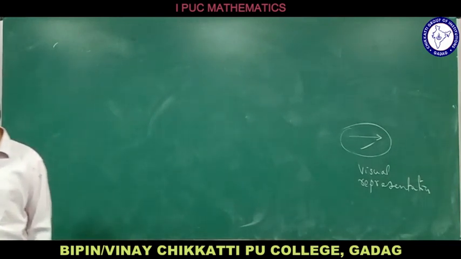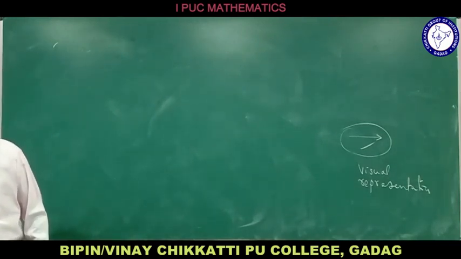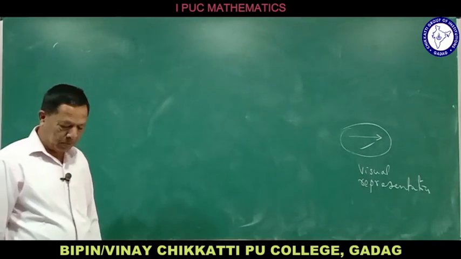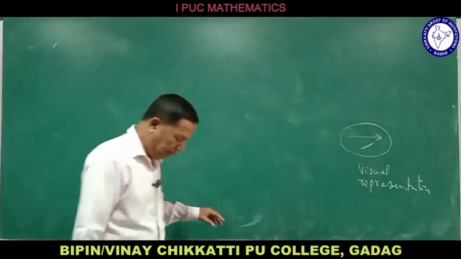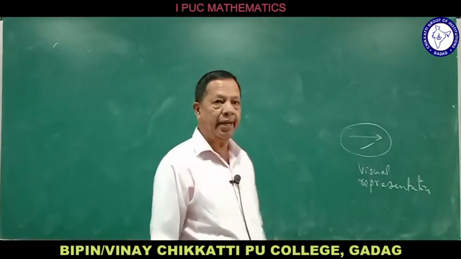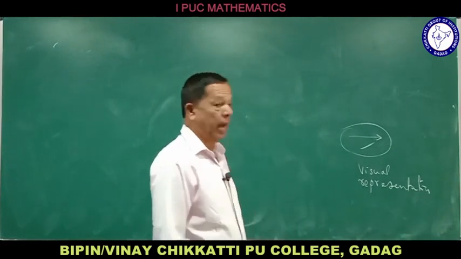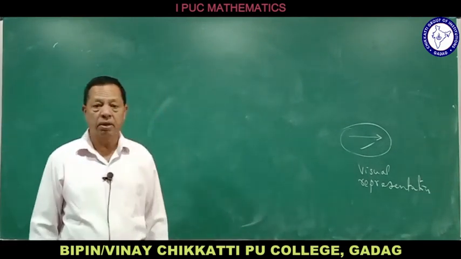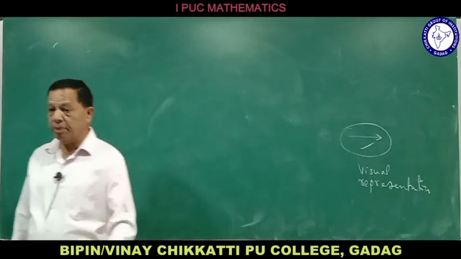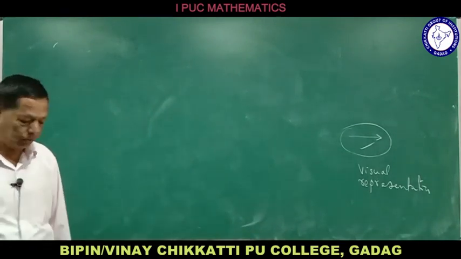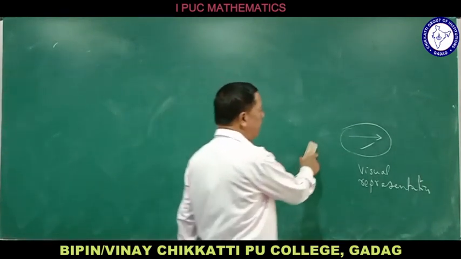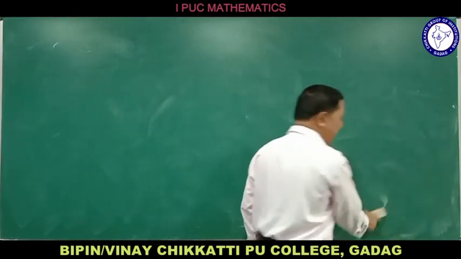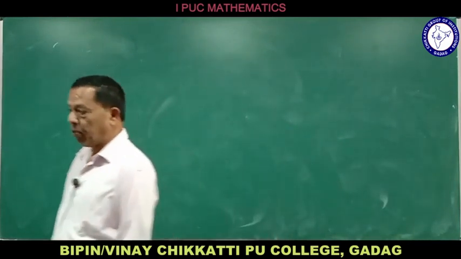And you understand that a relation may be represented by two methods. Already I have told you, one is roster and the other is set builder. But an arrow diagram is particularly a visual representation of a relation. These are the two points I have explained here. One is the arrow diagram, for what?